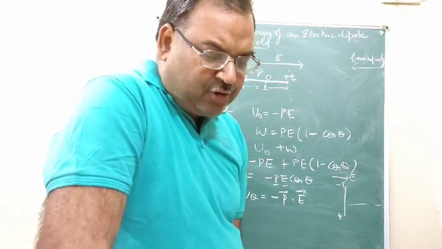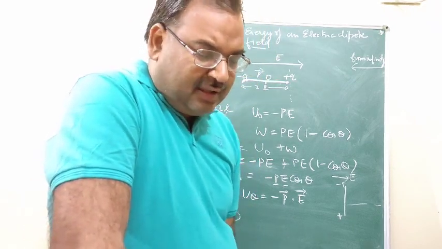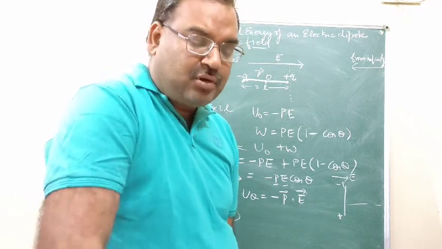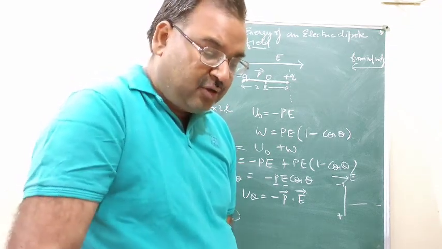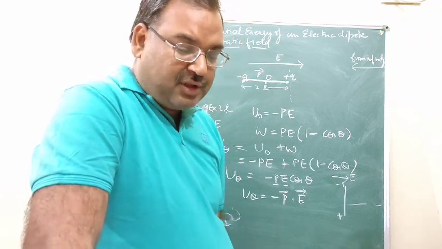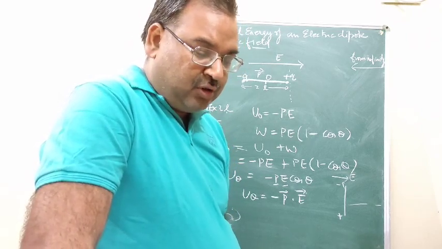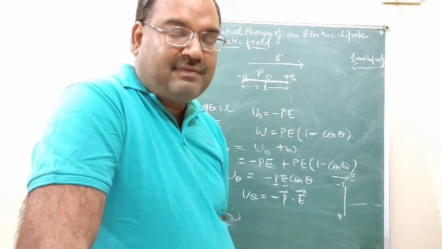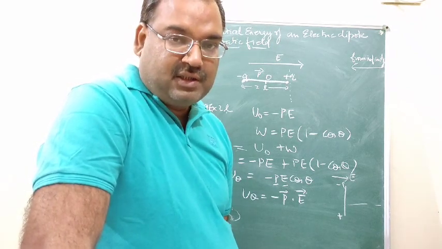And if theta is equal to 0, then the dipole is considered to be in stable equilibrium. In this case, the potential energy will be equal to minus PE. That is, it will have the least potential energy.